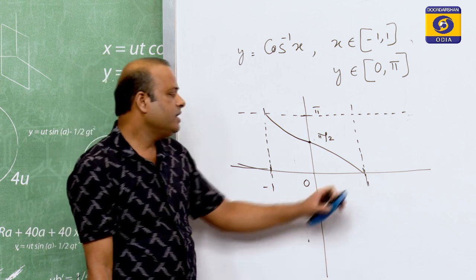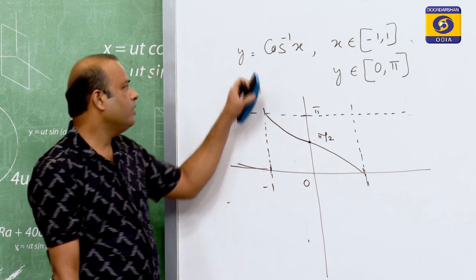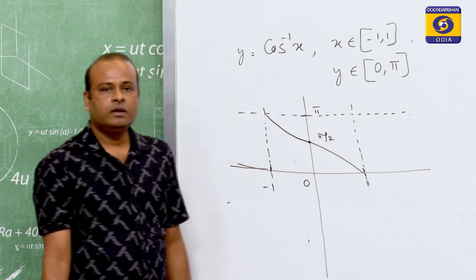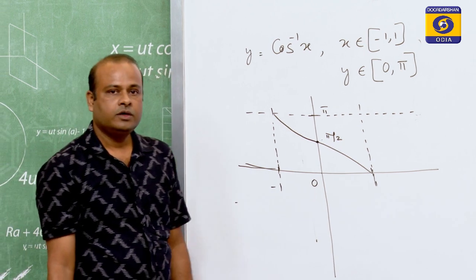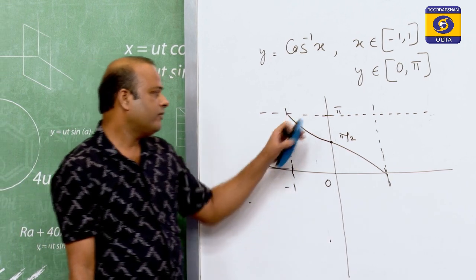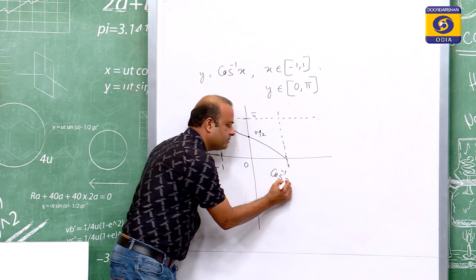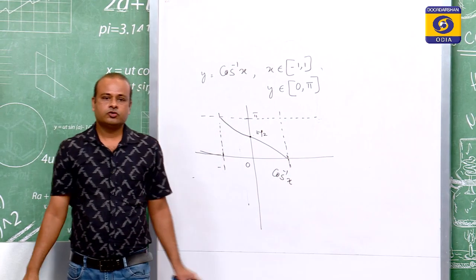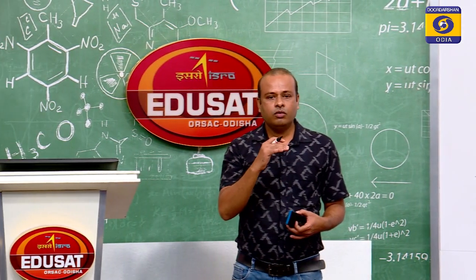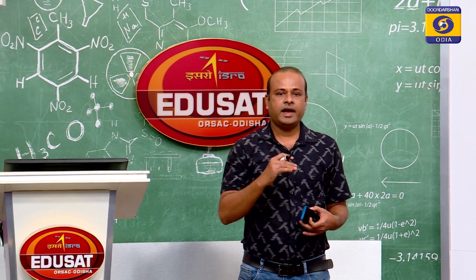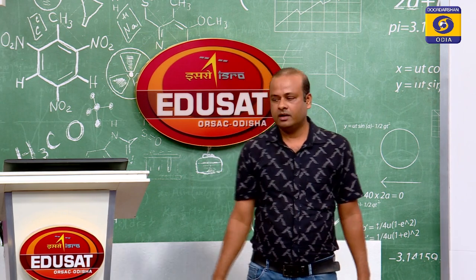That is, if you take x as 1, then y will be 0, because cos 0 is 1. So, this is the graph of cos inverse x, right. No part of the curve lies below the x axis and the graph is within minus 1 to plus 1.